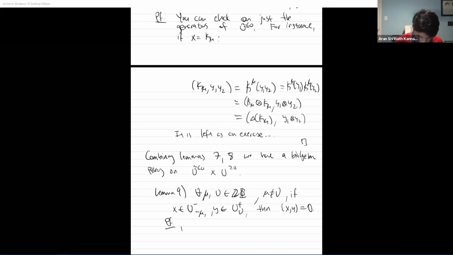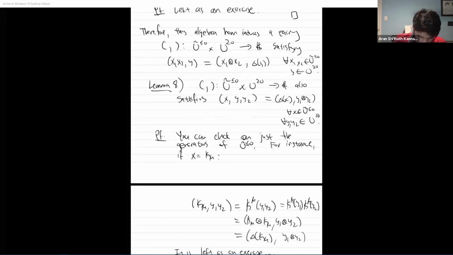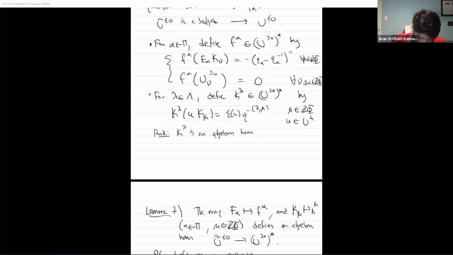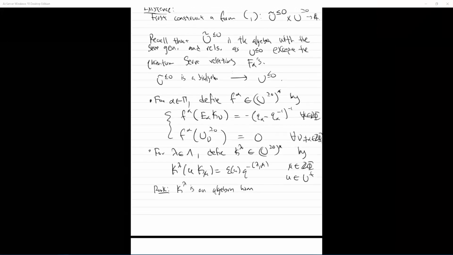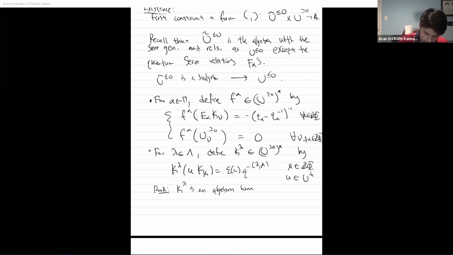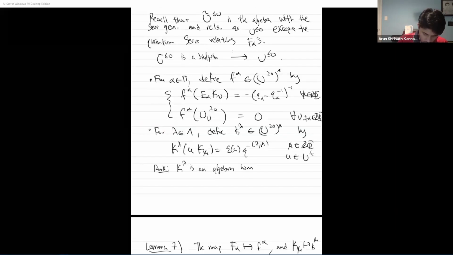And this is just a direct consequence of our definition. Where did we define it? It's just a direct consequence of the fact it's an algebra homomorphism, and then we defined it as such. Okay.